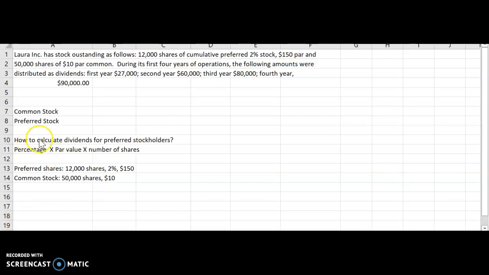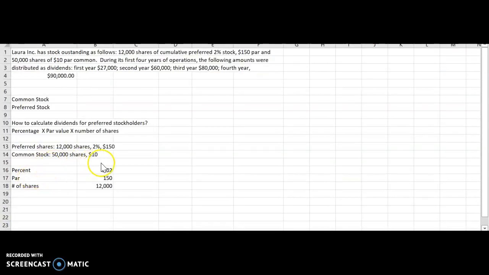So the question was, how do we calculate dividends for preferred stockholders? Well, we take the percentage times the par times the number of shares. So the percent is 0.02, 2% changed to a decimal. The par is $150, and then the number of shares is 12,000.